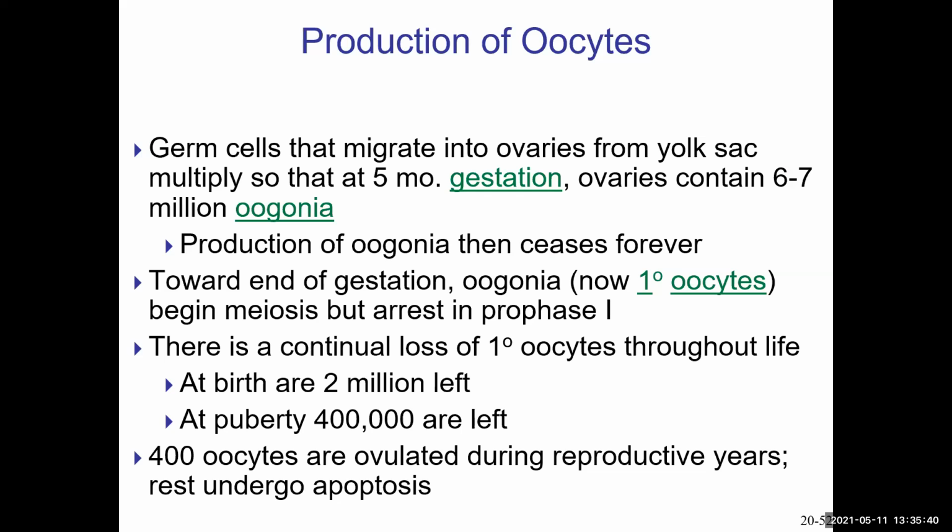And everybody knows why a male can produce unlimited trillions of sperm. And here today we're going to see why a female can produce only 400 eggs in her entire reproductive life.